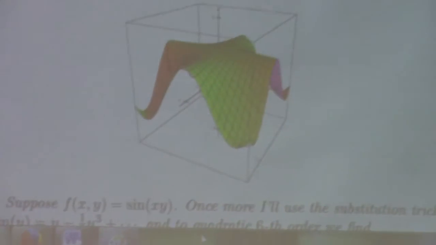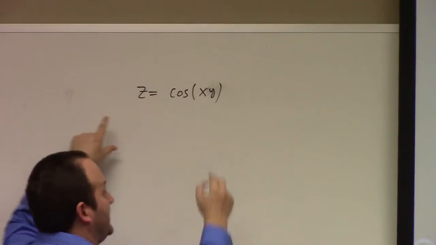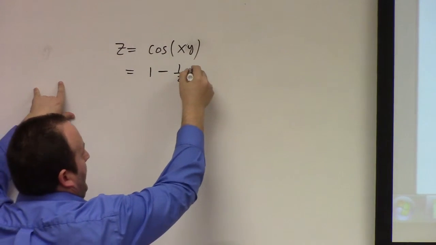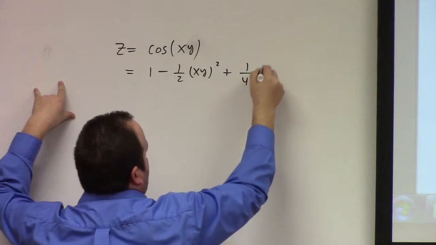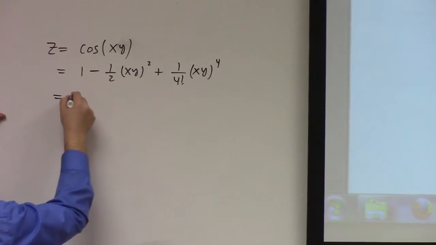Now, this one won't be covered by our second order analysis because of the power series for cosine. So what's the first term?